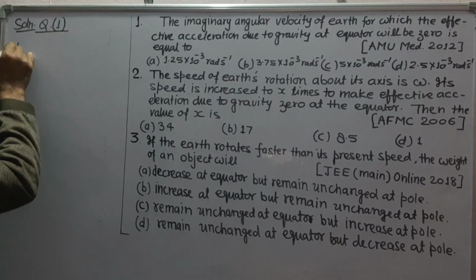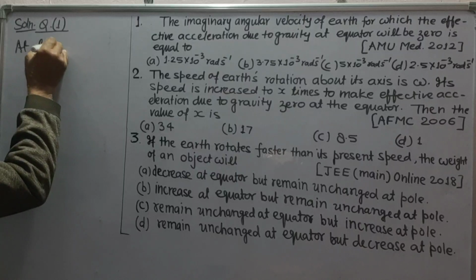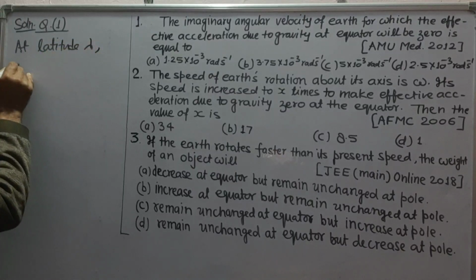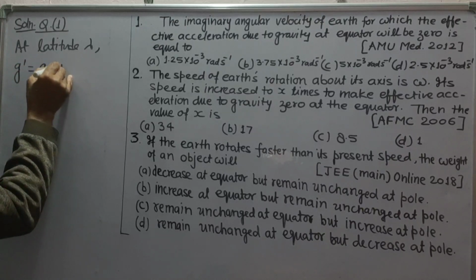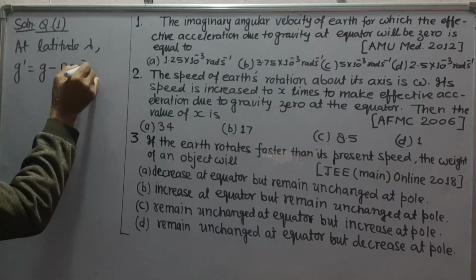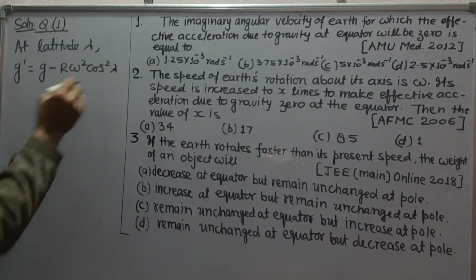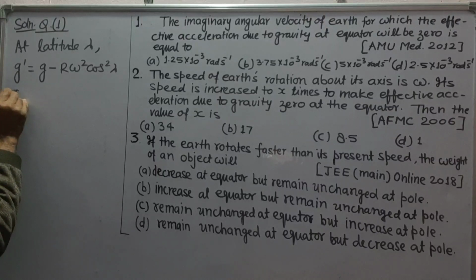We know at latitude lambda, acceleration due to gravity g dash is equal to g minus r omega square cos square lambda. At equator lambda is 0. In this case, at equator acceleration due to gravity is to be 0.